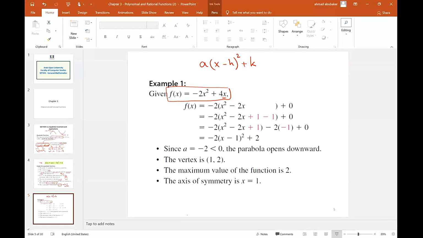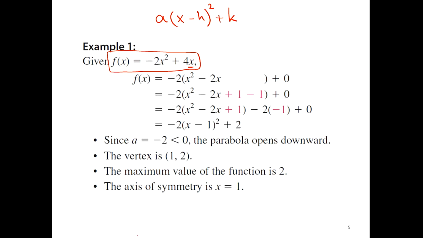This is not in the vertex form. In vertex form we have x in brackets all to the power of square, or we have x squared only without x. This is the vertex form. But if we have x squared and x, this is not vertex form.